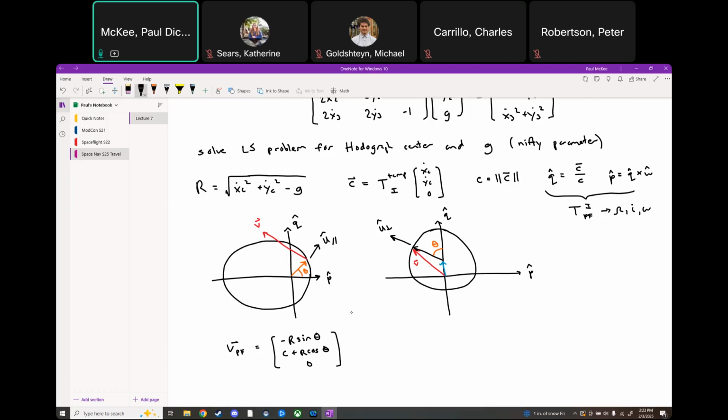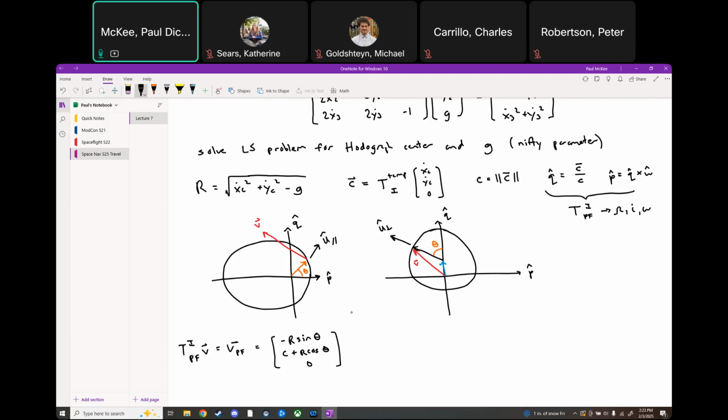Okay, why do we care about this? Well, because we can take any one of those velocities that we started the problem with, and we can find the corresponding theta by first going from an inertial velocity to a parafocal velocity. So this is t inertial to parafocal times just one of those velocities, which we assume that the velocities at the start of the problem are in an inertial frame. Probably should have started with that.